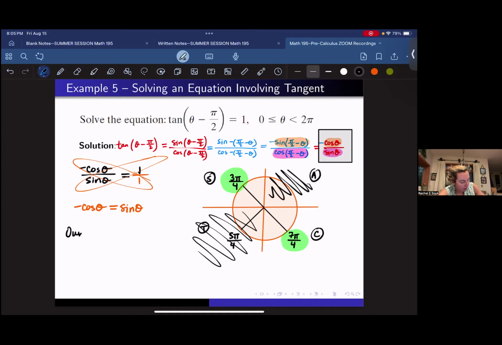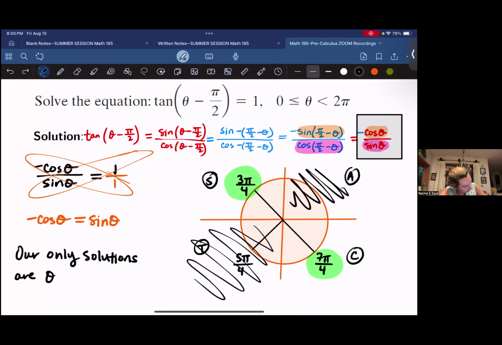So our only solutions are theta equals 3 pi over 4 and 7 pi over 4.